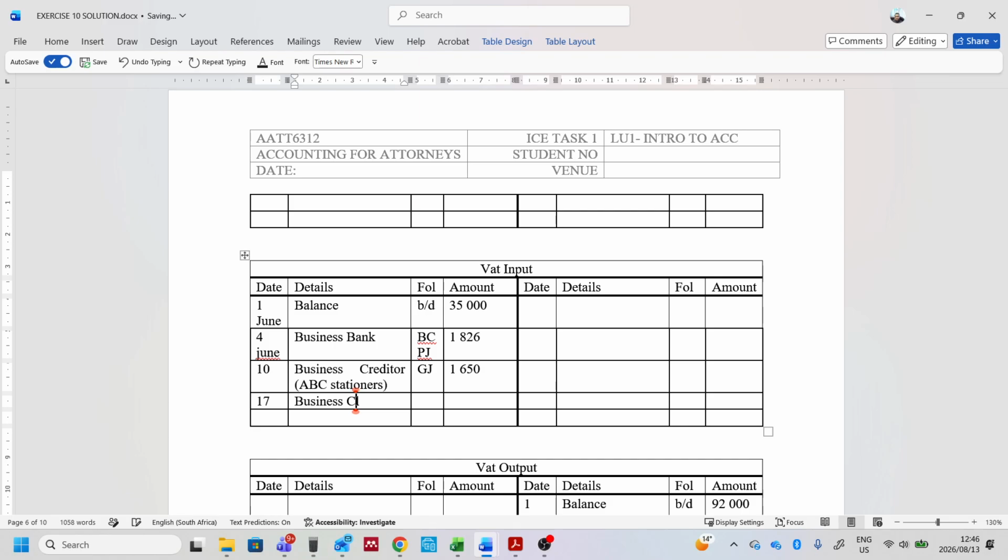Which was the account credited? Remember, this was debited. We need to write the name of the account that was credited. And it was Julie Jub? This was recorded in General Journal.